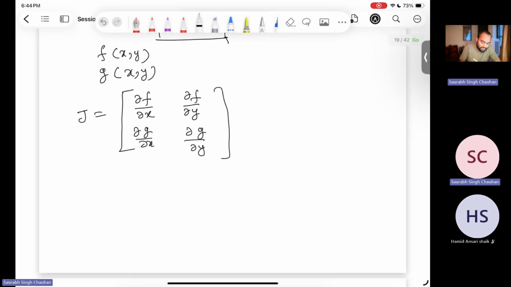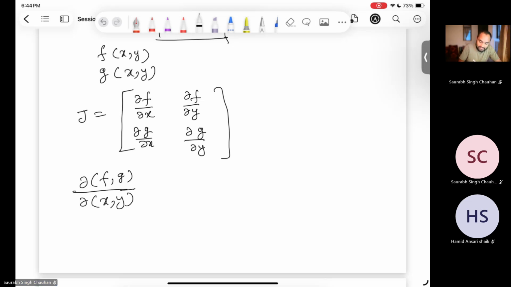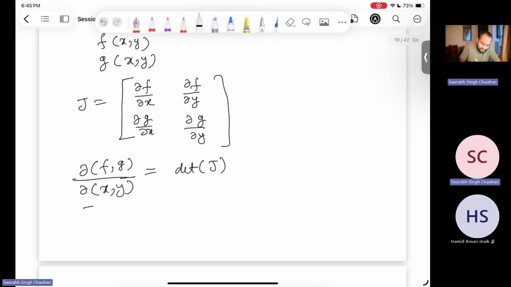Transformation of coordinates. So this is the Jacobian matrix, and we write the partial of f and g with respect to x and y as the Jacobian J. Sorry, the Jacobian of f and g with respect to x and y is basically the determinant of this particular matrix J. We write this simply in square brackets, f comma g divided by x comma y, equal to the determinant of this matrix.